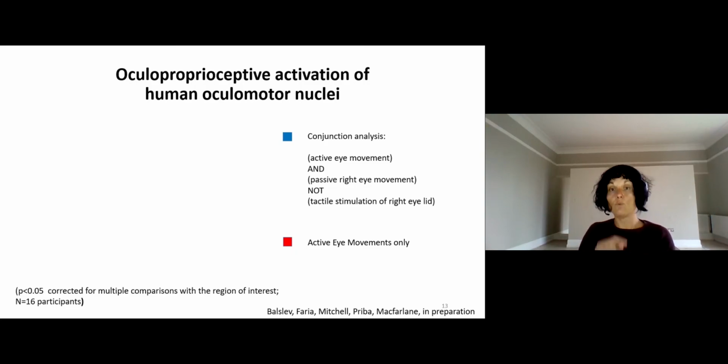So, we stretched the right lateral rectus muscle. So we had participants pushing on their right eye globe towards the nose. So I'm saying pushing on the right eye globe, but they actually placed their index finger on the eyelid. So this is not invasive at all.